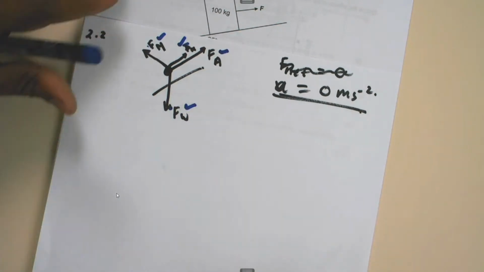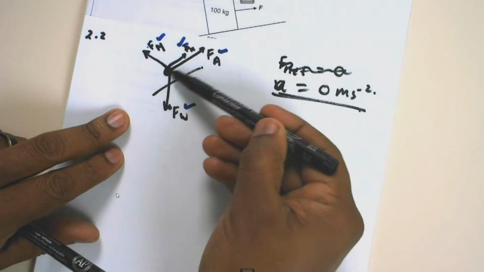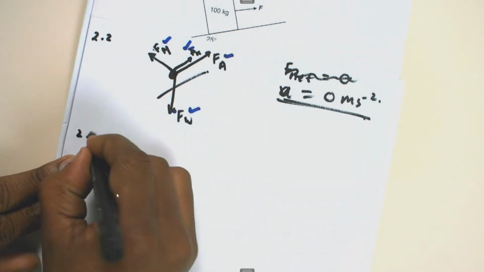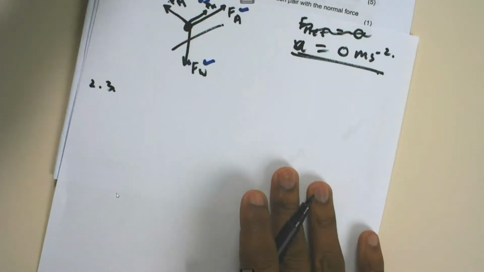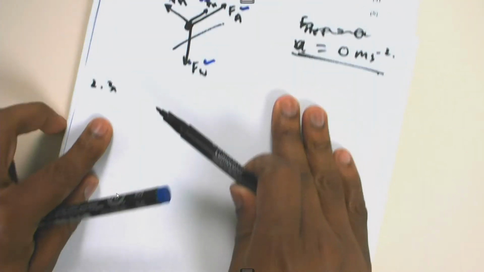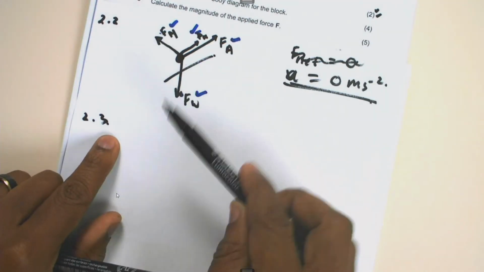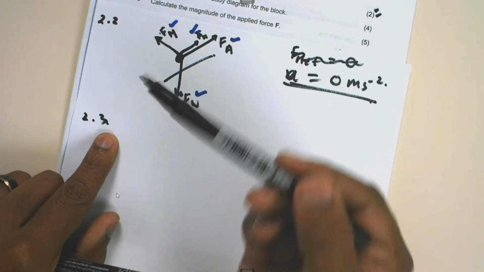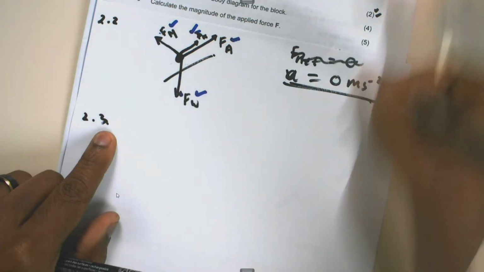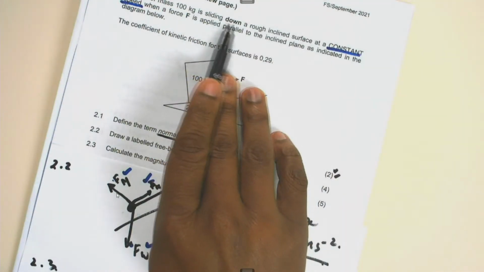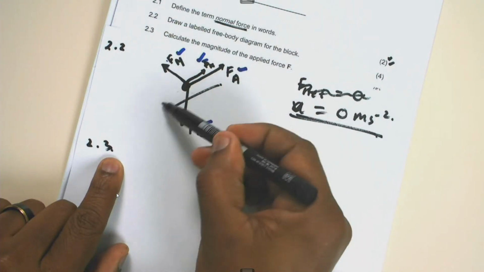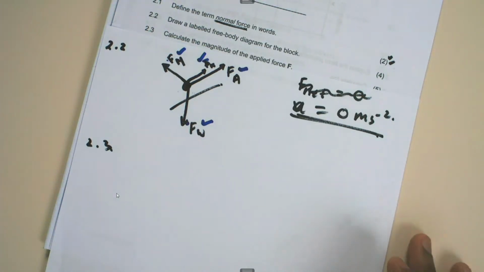But now, however, from the free body diagram, if I am going to apply Newton's second law, it's somehow going to be complex, because the free body diagram that I have does not include all the forces in terms of it moving down. I was informed that the object is sliding down on a rough surface. So it means there has to be a force that is somehow pulling it down. So what will be the ideal way of doing it?